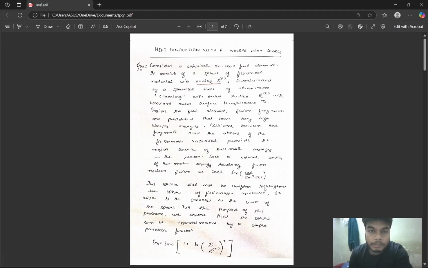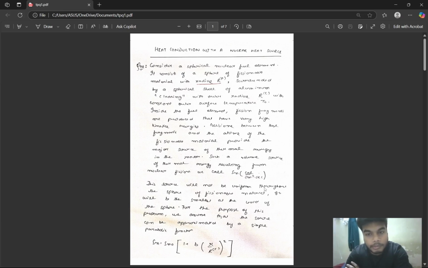Now I am going to discuss heat conduction with a nuclear heat source. Consider a spherical nuclear fuel element. It consists of a sphere of fissionable material with radius Rf, surrounded by a spherical shell of aluminum cladding with outer radius Rc, with constant outer surface temperature T0.